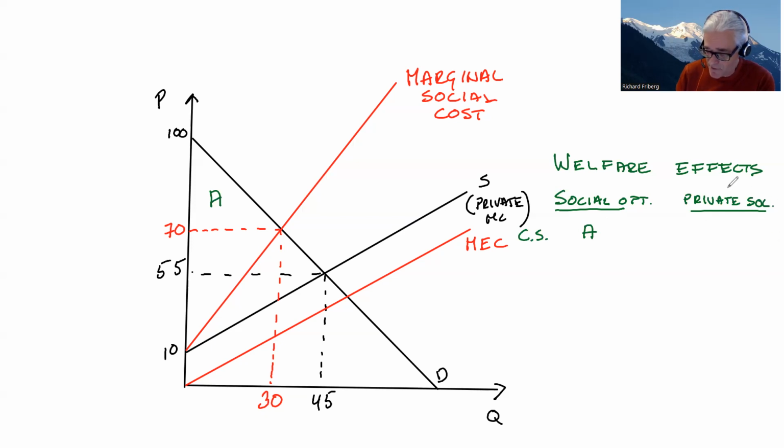Looking at consumer surplus in the private solution, the price is then lower. Consumers are consuming more. So call this area bounded here B, and this area C. So in the private solution, consumer surplus is given by ABC, the difference between the demand curve and the price that they're paying.